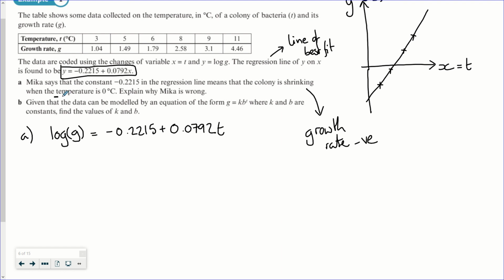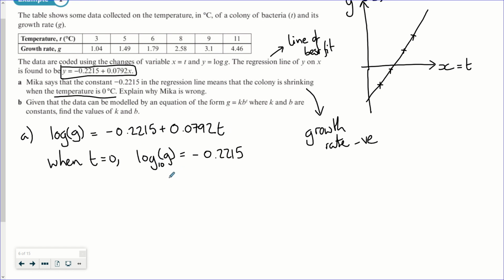Well, the key part here is we're asked to find the growth rate when the temperature is 0, so when t equals 0. So let's substitute that in. When t equals 0, we get that log g equals minus 0.2215 because this term here disappears when t equals 0.